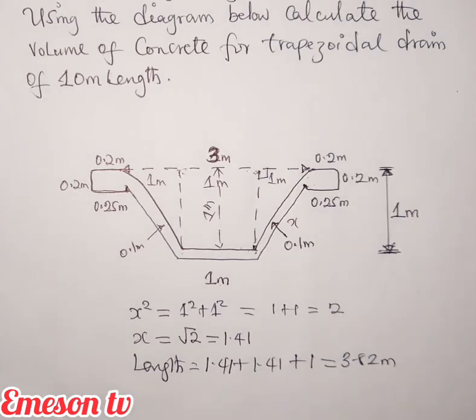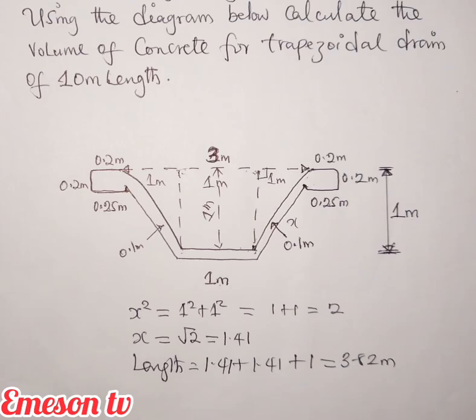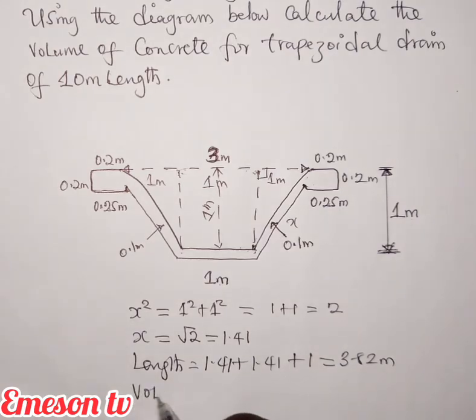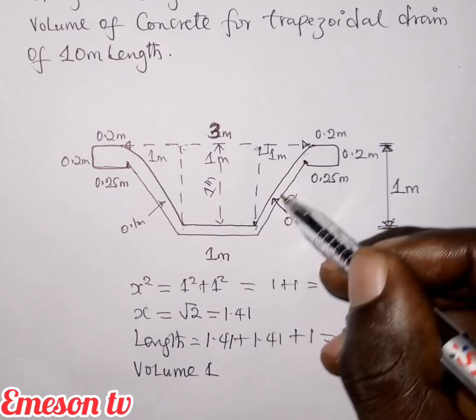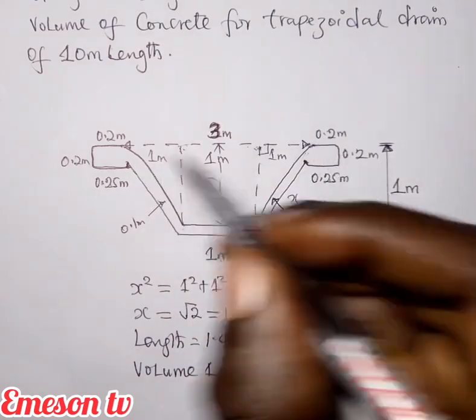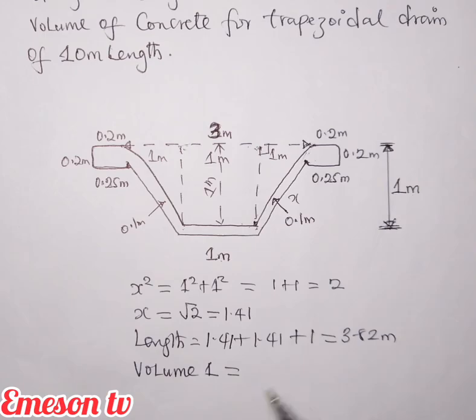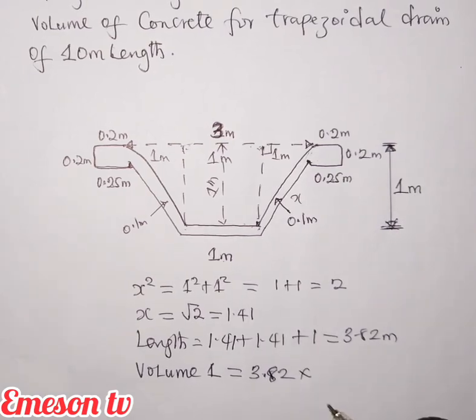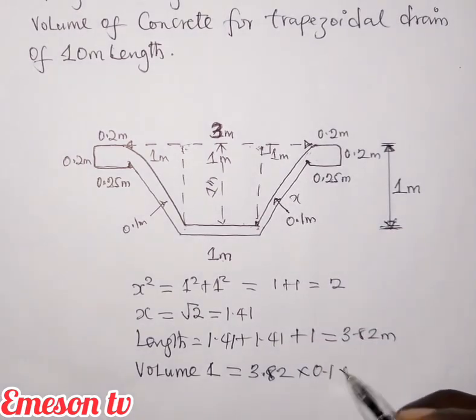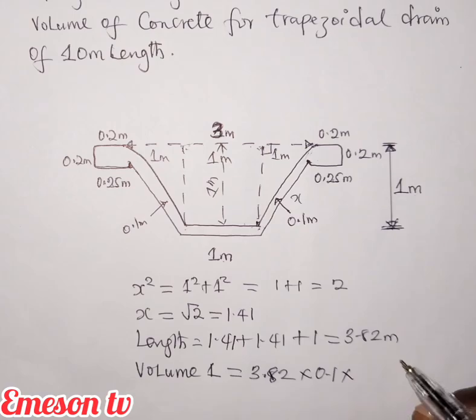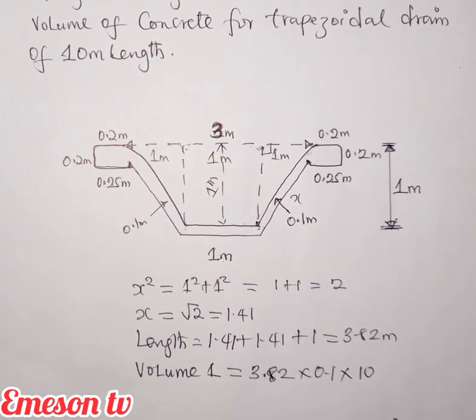So for us to solve for the volume, I have to now do this. Volume now becomes, let me call it volume 1, because I'm looking for just the volume of concrete here and not at this point. So we have 3.82 times the thickness of this wall, which is 0.1, times the length at which this wall is running across, which is 10 meter, times 10.